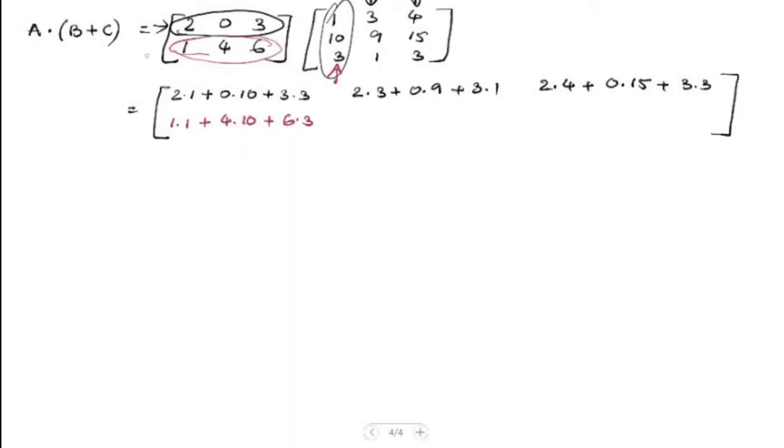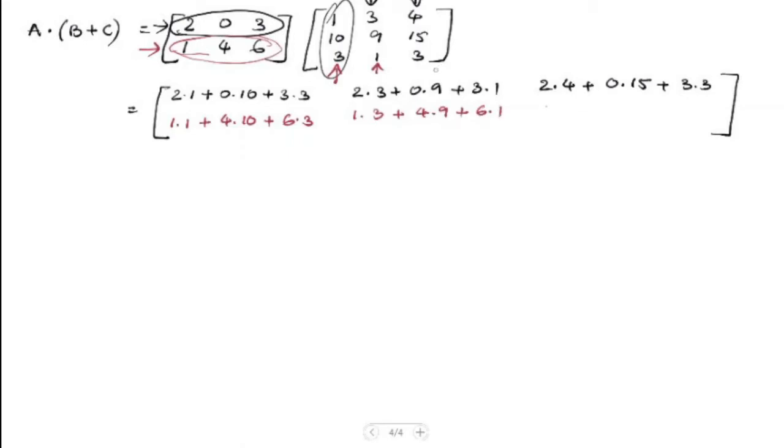And then again, we keep taking the second row, but now we go to the second column. So 1 times 3 plus 4 times 9 plus 6 times 1.